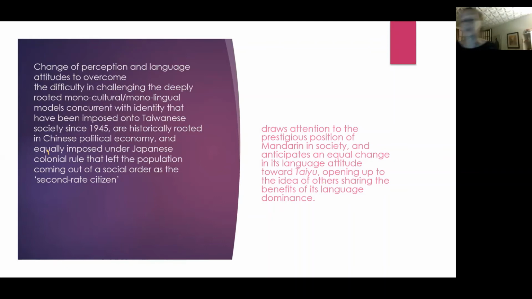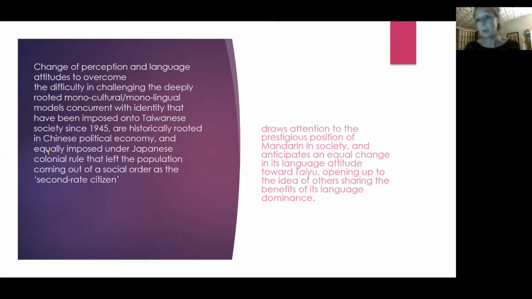To a certain extent that really did continue in the post-war, post-colonial period with the imposition of the Mandarin-only policy. So some mentalities don't change very easily, also with the generations that take time.